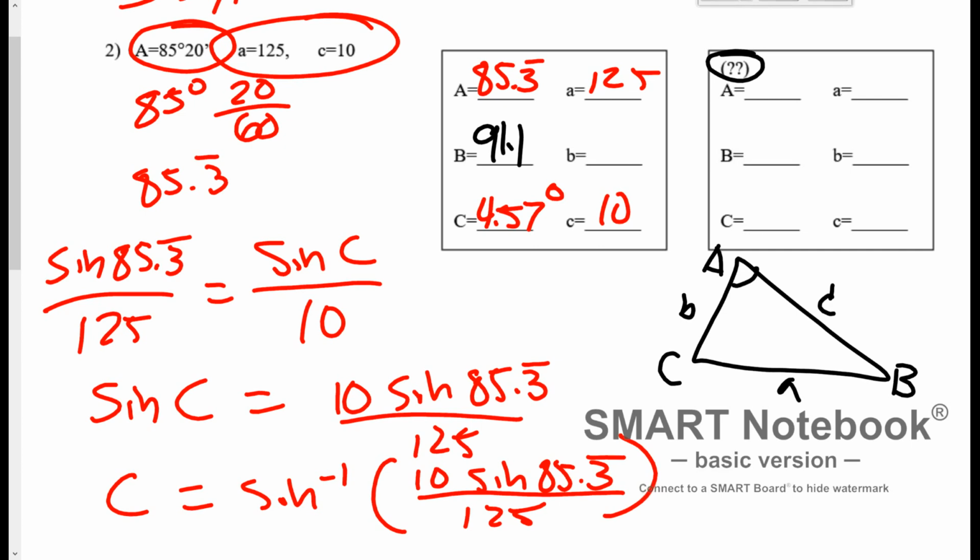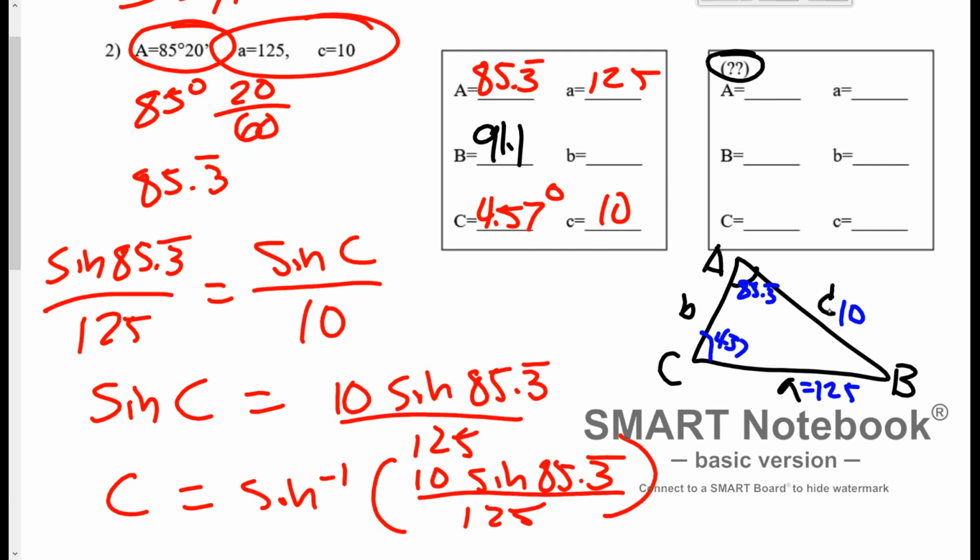So if we have 125 for side A and 85.3 repeating, and we find this angle C, and we know this little c, sometimes what happens is we find this one right here, 4.57, and then we're able to calculate B.